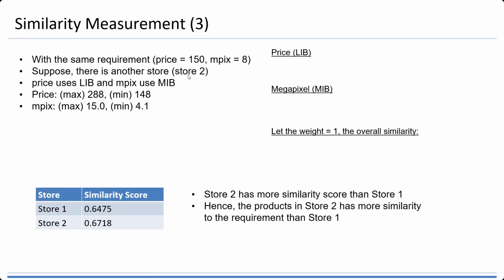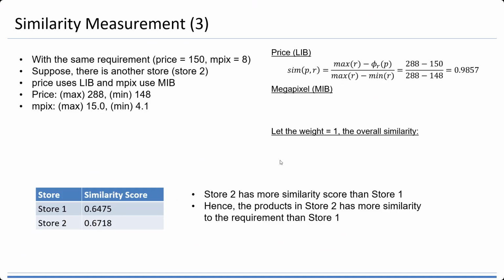Suppose there is another store, let's say store 2. So price uses LIB and MPix uses MIB. Let's say the price maximum is now changed to 288, and the minimum is 148. In this store, they sell more high-level products. The megapixel maximum is 15 and the minimum is 4.1.